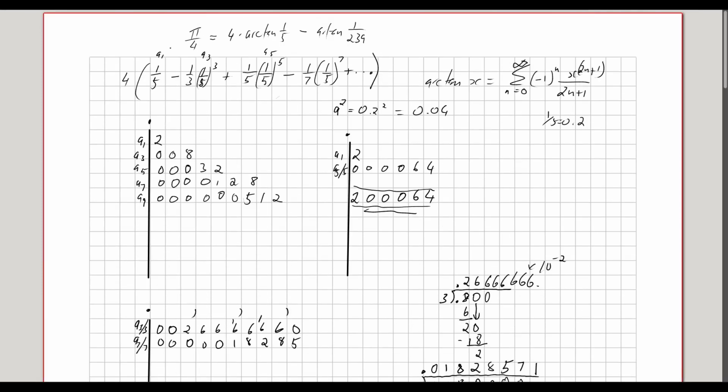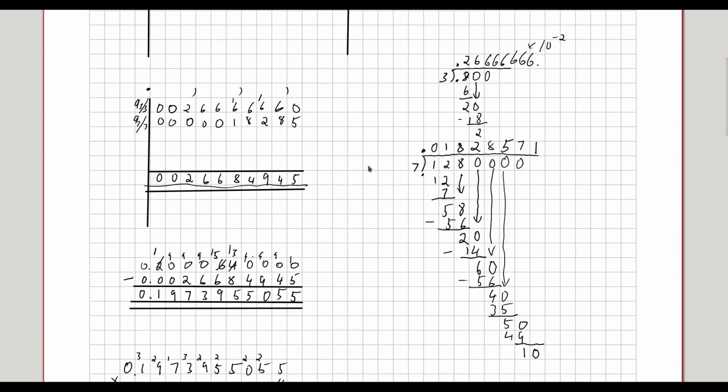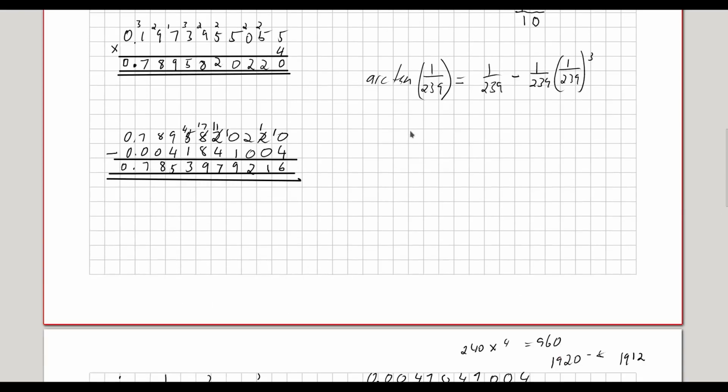Now, of course, we still got to incorporate this term, so that pi is over 4, so we've got to times all this by 4. So we do that. I'll write it over here. 0.7853979 times 4.